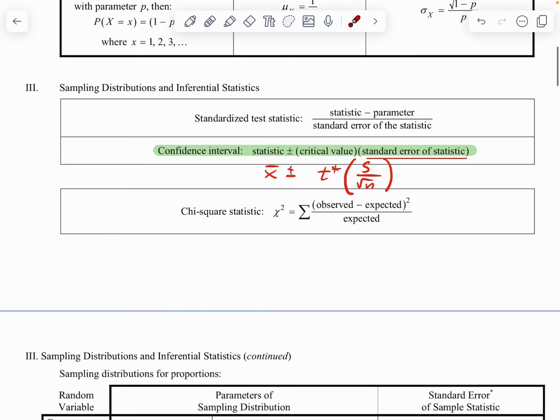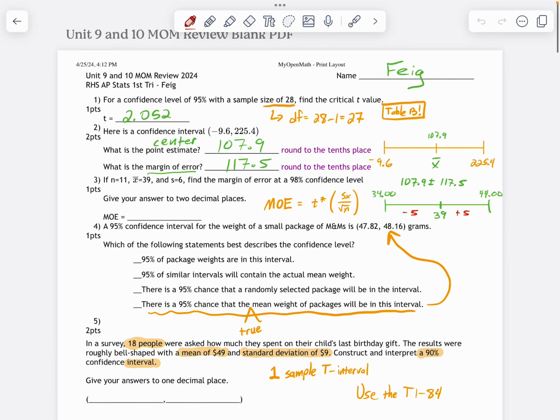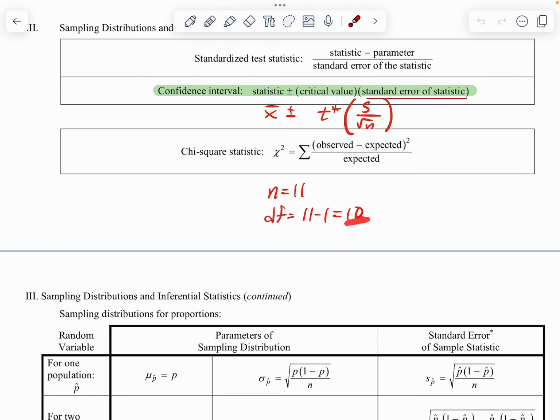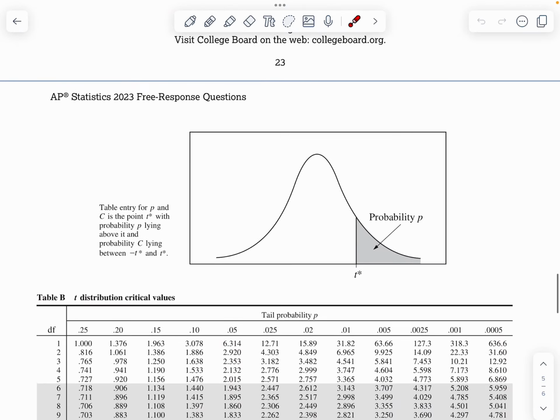We do need to remember, for me, I believe my n was 11. So my degrees of freedom is 11 minus 1. What was my confidence percentage? 98. So I'm going to go down to table B again, combine with my degrees of freedom, and find my t, my critical value.